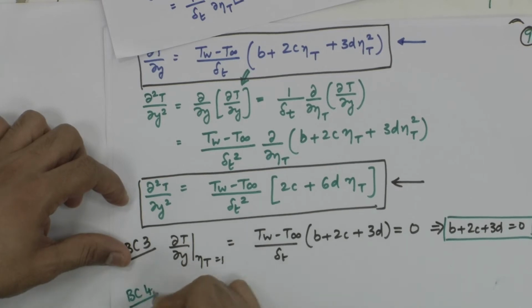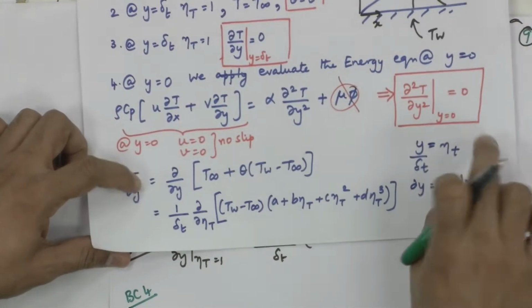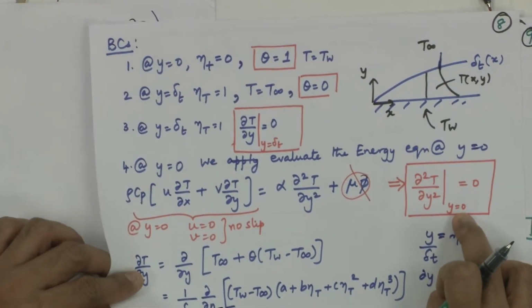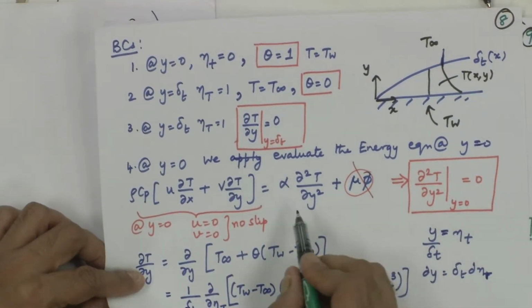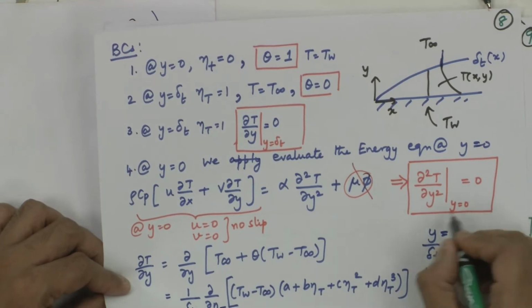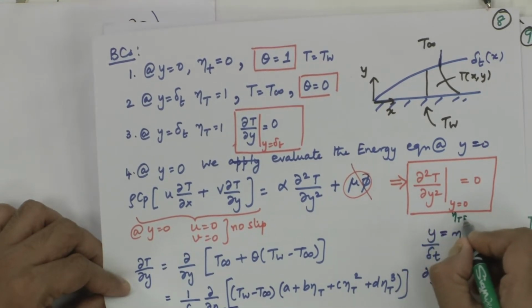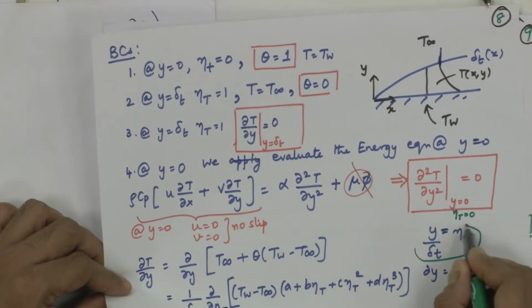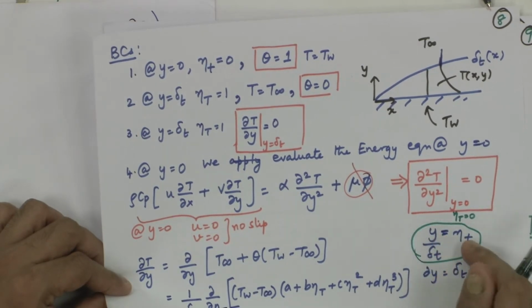BC4, d squared T by dy squared at y equal to 0 is 0. So, substitute y equal to 0, which means eta t equal to 0, correct, because of the definition of eta t.